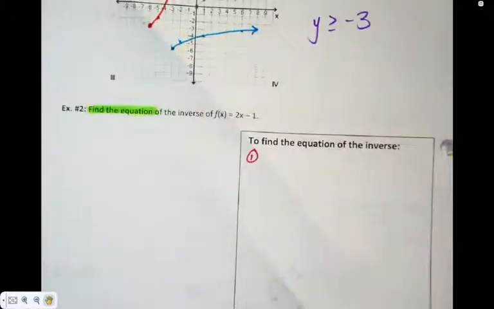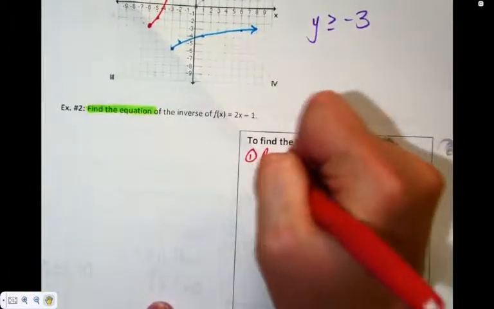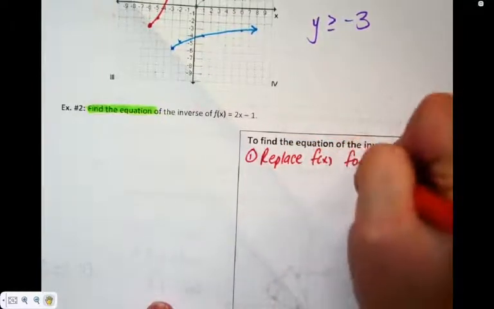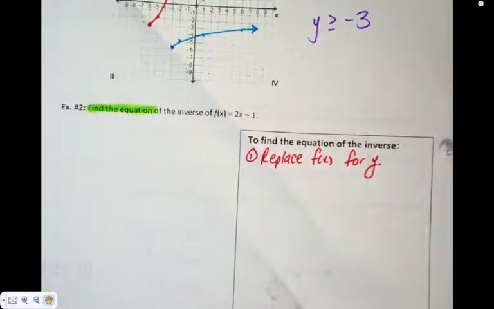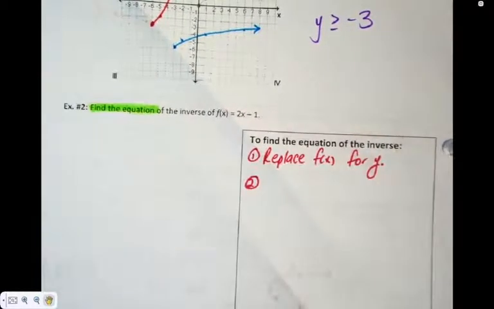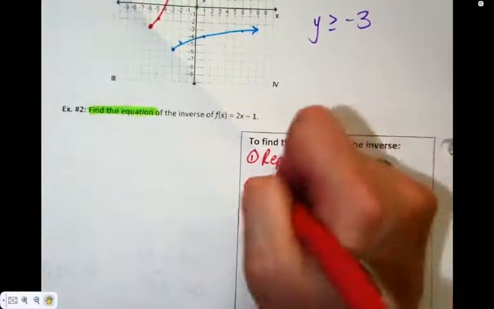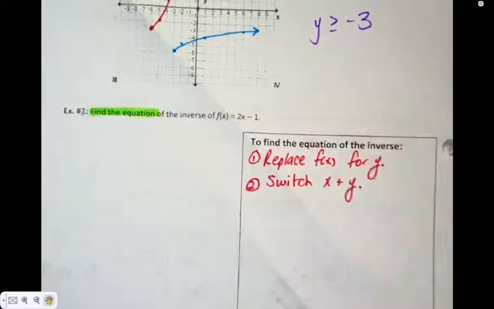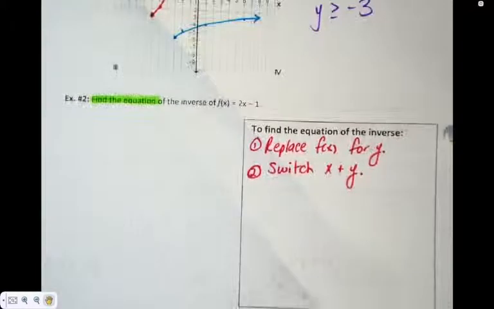Step 1, replace f of x with y, because we know they mean the exact same thing, so we take f of x out and put y in its place. Step 2, switch x and y.